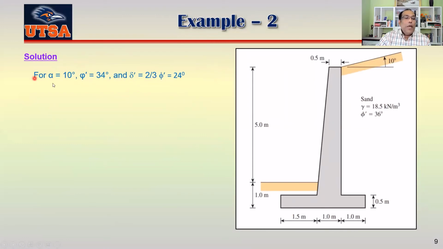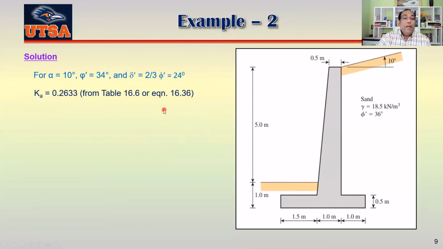For Coulomb's method, for alpha equal to 10 degrees, phi equal to 34 degrees, and delta prime 2/3 of that, meaning 24 degrees, you can see your Ka is 0.2633. You can see this one is actually vertical here.